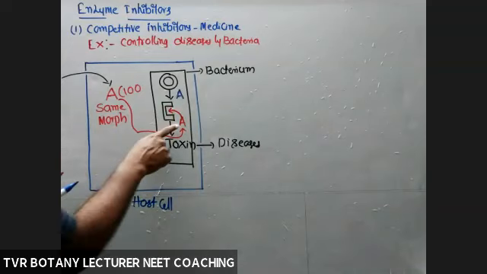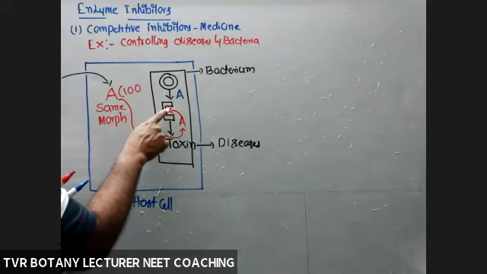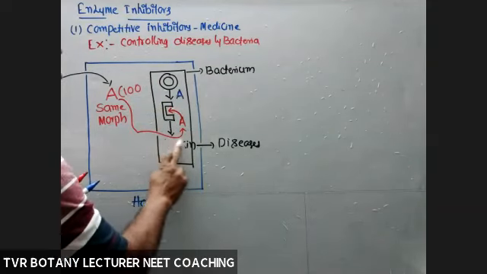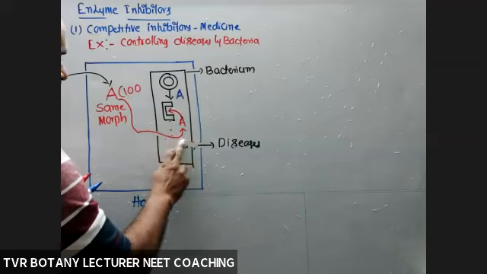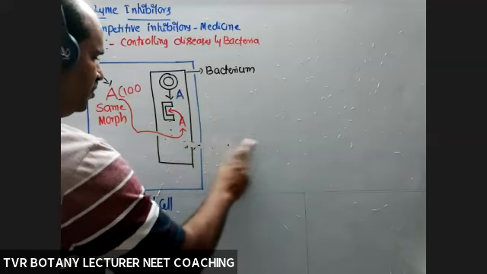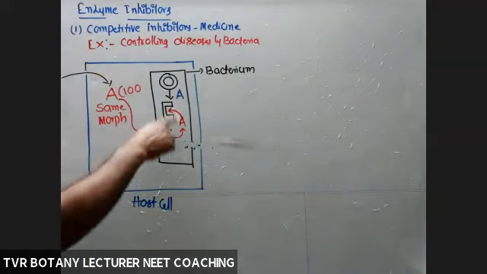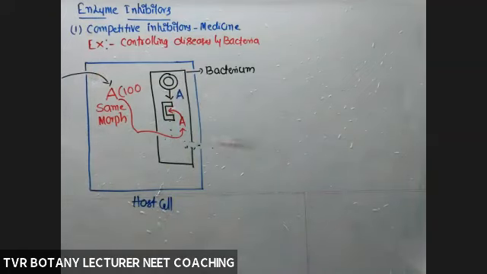Once the red colored one is bound to the enzyme of that bacterial cell, there will be no formation of toxin. No toxin, no disease.